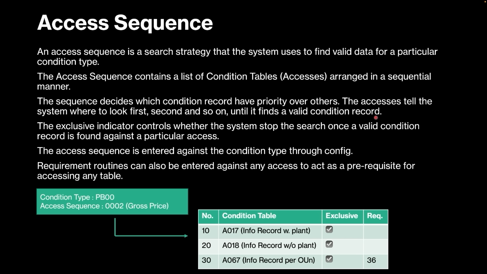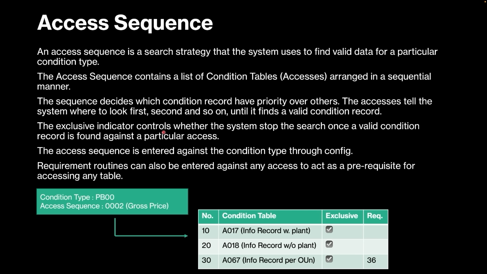Then in this particular access sequence, you also have an exclusive indicator, that is a checkbox, which basically controls whether the system has to stop the search once a valid condition record is found. That is, if against a table or an access a condition record is found, and against that table this exclusive indicator is activated, then the system will stop the search and will not go further into other tables which are below that particular condition table.